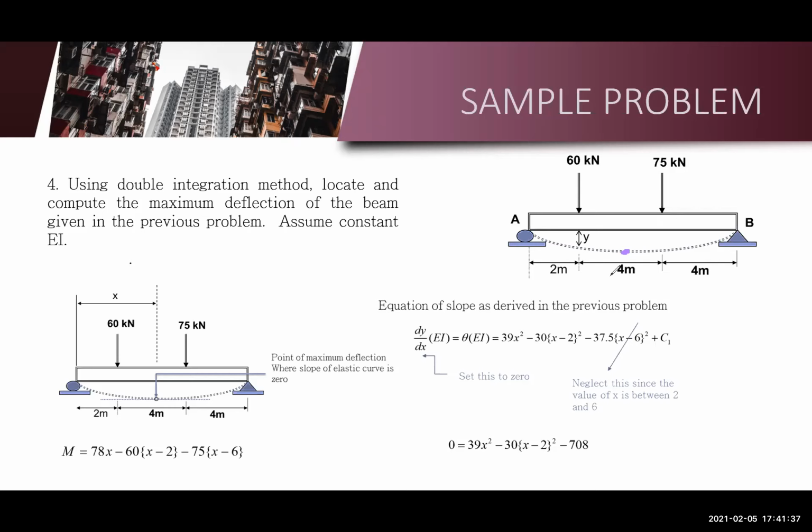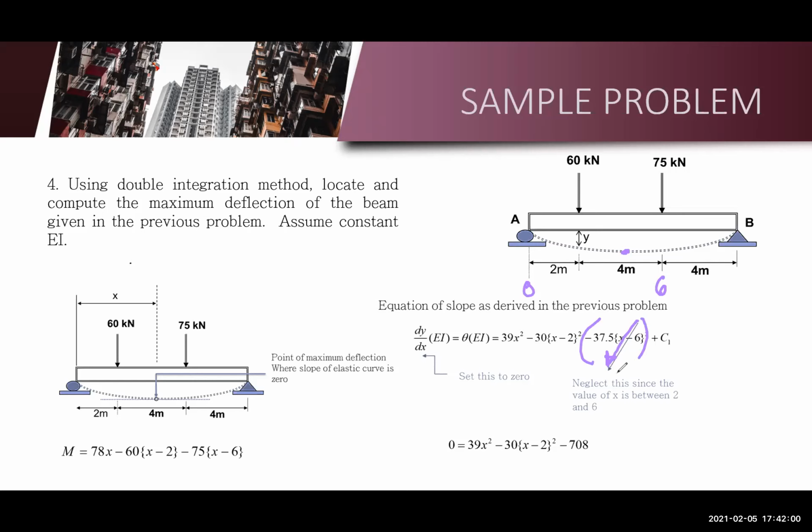Now, since ang distance ng x is between 0 to 6, no, ini-neglect natin yung x minus 6 natin. Itong x minus 6, ini-neglect natin siya because the value of x is between 2 to 6. So, hindi na natin ito isasama. Neglected na siya.